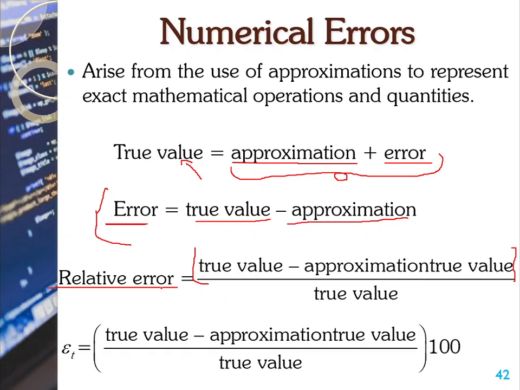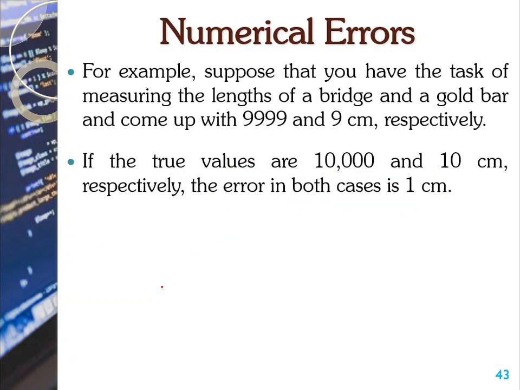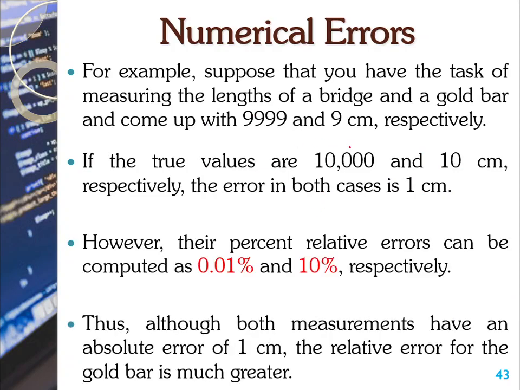So let's look at this from the example that we had. That is when these students or graduates are given the task to measure the bridge and the gold bar. Relatively, the first student, the one calculating the bridge, will make somewhere 0.001 error.